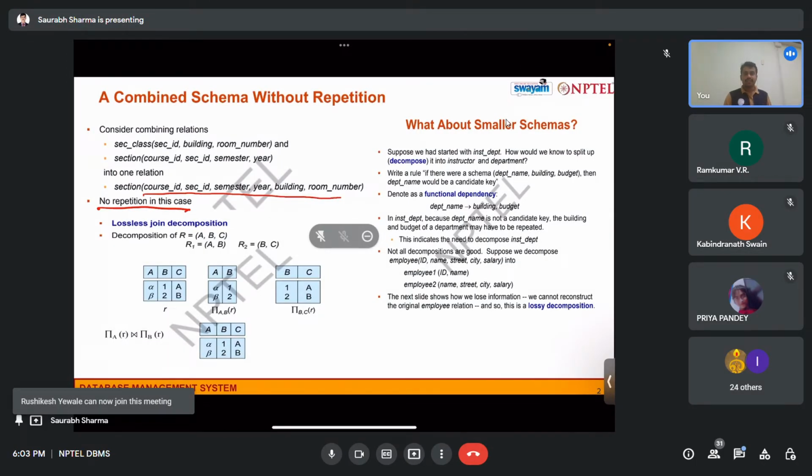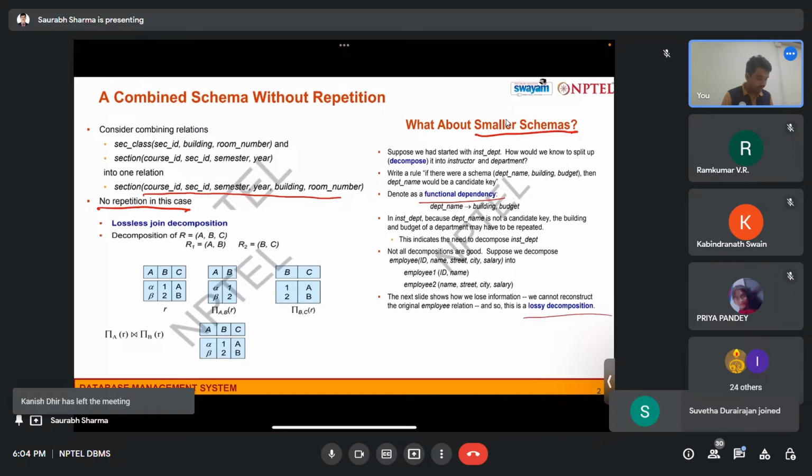But if there is some repetition or we have some other constraints, we can go for smaller schemas. For that, we want to decompose it with the help of the functional dependency it holds, and also we have to take care of the lossy or lossless decomposition.